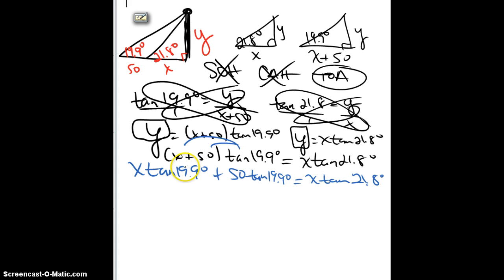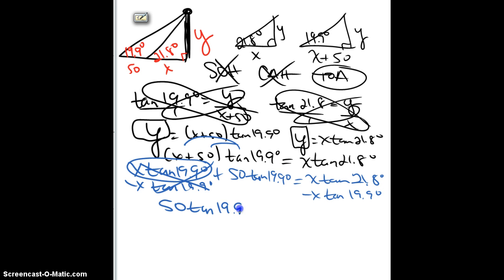In algebra, to solve something, we want the x's on one side, numeric values on the other. So I want to get rid of that guy. These guys cancel. Now, I can't really subtract these because they're not like terms. Yes, they have the coefficient in common, but they're different tangent values.